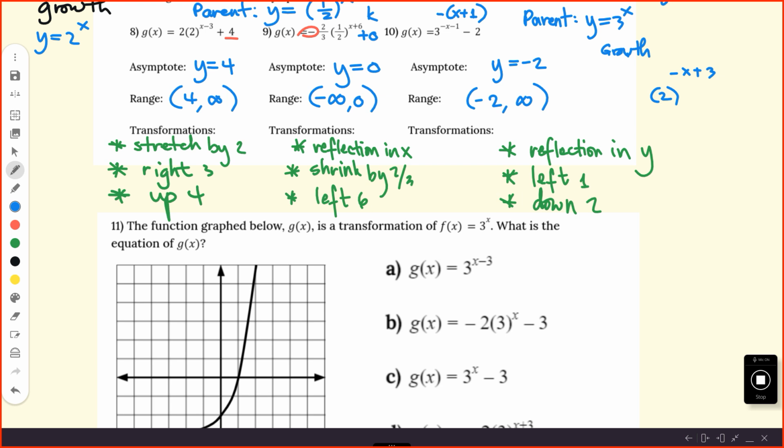Actually, that negative is already distributed to the first and second term. So I can write this as 2 raised to negative of x minus 3. The negative should be for the entire expression, not just the first term, but for both terms. So if you put the negative outside, this plus 3 will be minus 3.